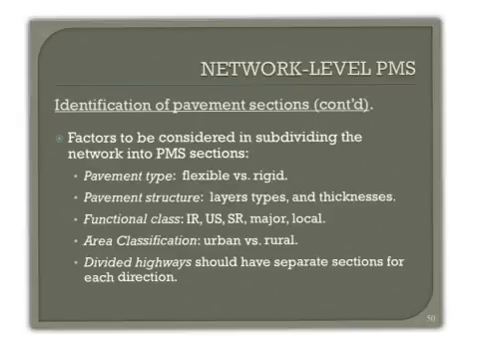Also, divided highways should have separate sections for each direction. For example, I'm going to pick on I-20. It's a divided highway, so we can treat the eastbound as one section and the westbound as another section, since they are totally different, and sometimes even the amount of traffic on both sides is different, so you can treat them as separate sections.